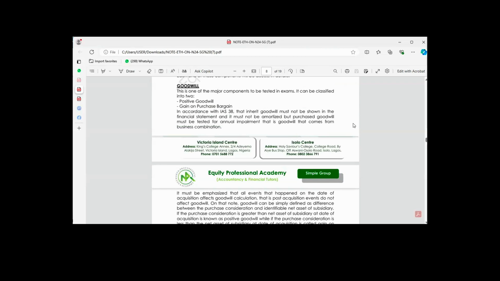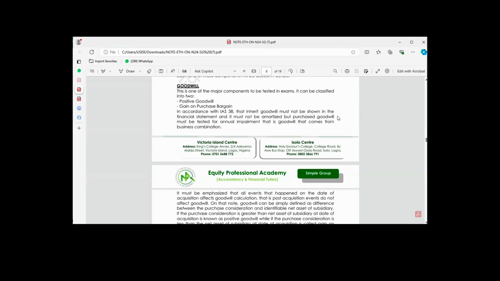In accordance with IAS 38, inherent goodwill must not be shown in the financial statement and it must not be amortized. What is he saying? Goodwill only comes from business combination, that is purchased goodwill. That means somebody acquires a subsidiary. Who is a subsidiary? The company that an investor has control over.